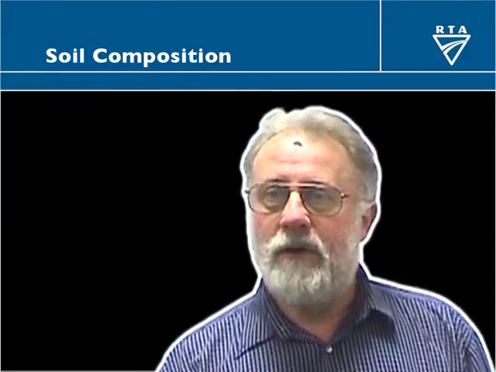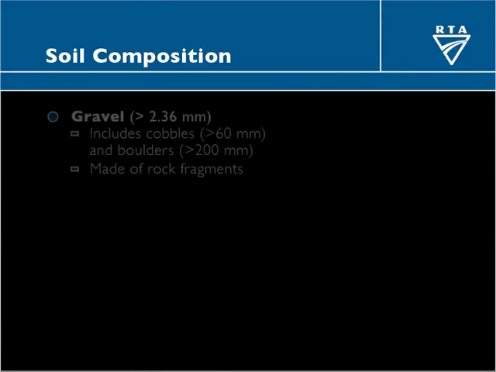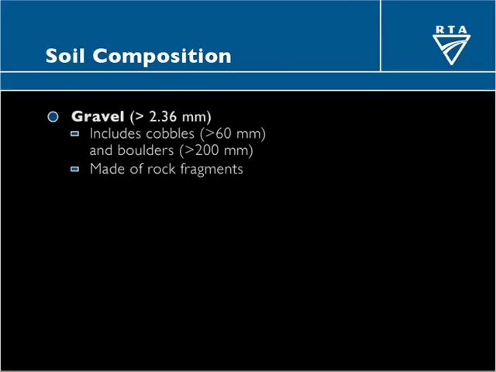It covers a great variety of things. Now, we normally think of it in terms of size ranges. Soils can range from gravel, including cobbles and boulders, which can go up to many hundreds of millimetres in size, metres in fact. And that size fraction is generally made of rock fragments. There's very little else in it.